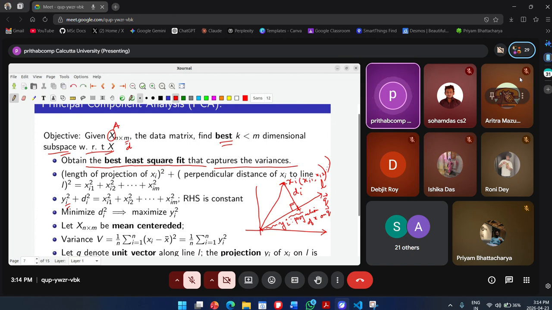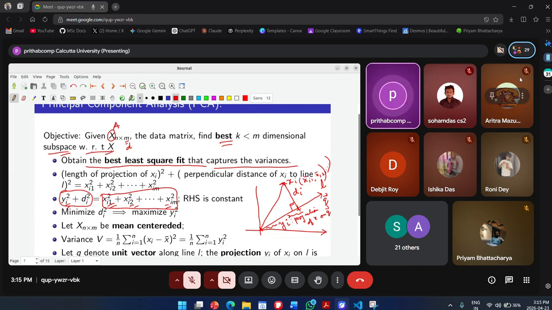Here it has only two components, but in higher dimension there will be many. So this is xi1 square plus xi2 square plus all the way to xim square. So yi square plus di square is equal to this square.